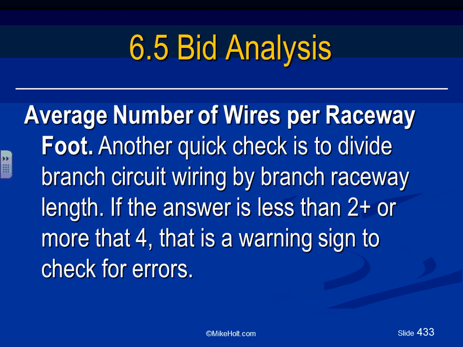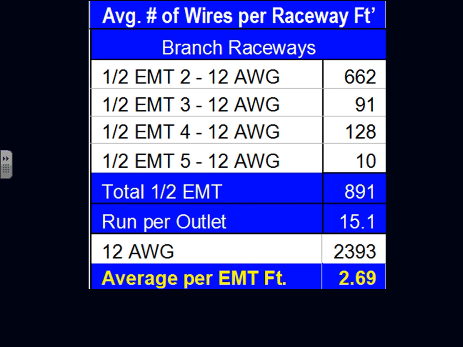Average number of wires per raceway. Here's another flag they do. They take the raceways and divide all the wires. Here's how they do it. They took all the EMT conduits. Here's my length of EMT conduit, 891, run per outlet 15.